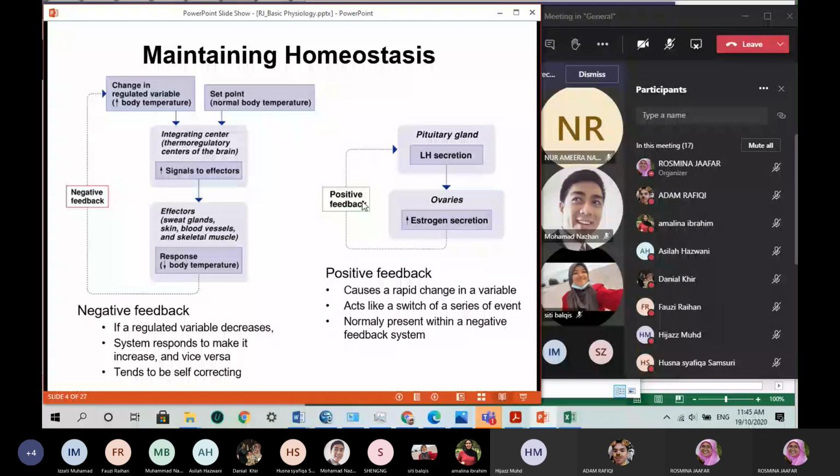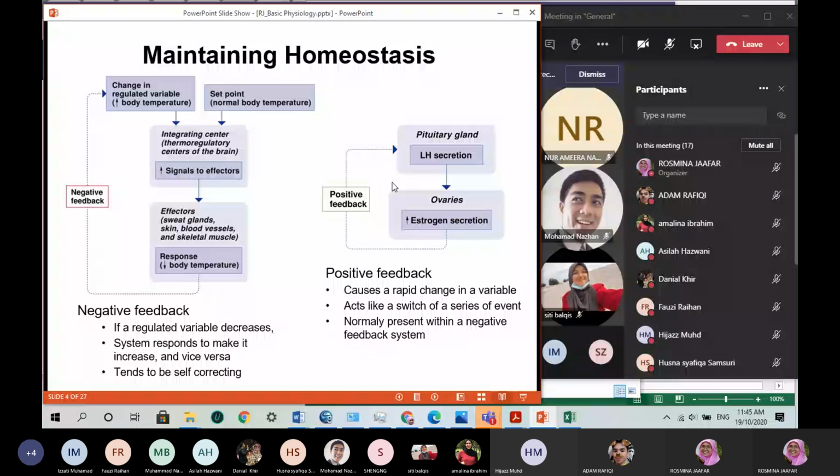In this example, positive feedback shows the pituitary gland in the body and the production of estrogen in the ovaries, which is for the female reproductive system. The presence of estrogen will increase more secretion of estrogen. This is important, such as during menstruation, so that you can have your menstrual cycle.